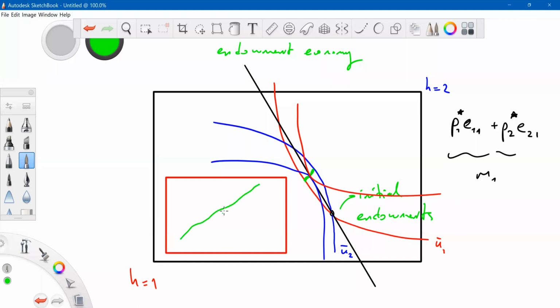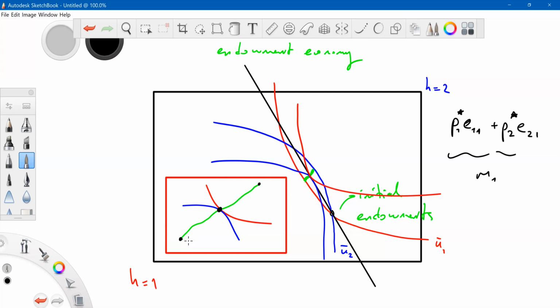And then there is this point where the first consumer looks like this, and the second consumer has this, all right? This becomes the Walrasian equilibrium, okay? So what is going on here? Obviously, let's say this is the endpoint of the core, right?